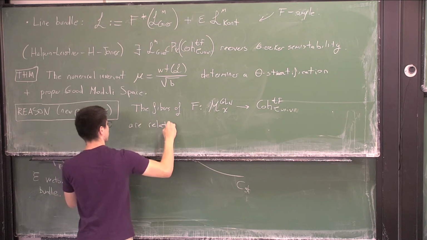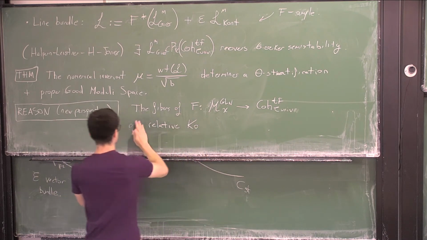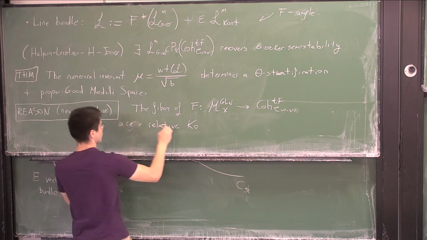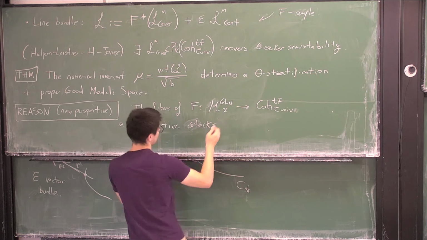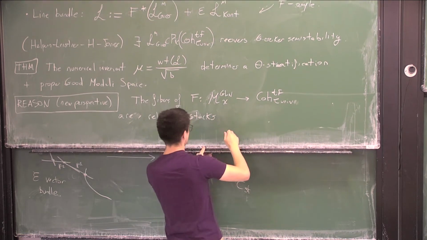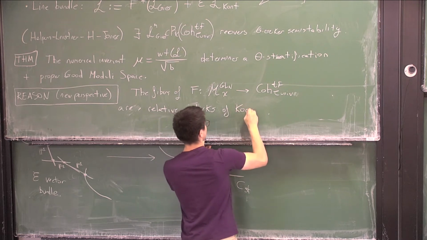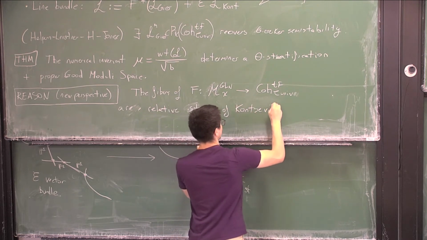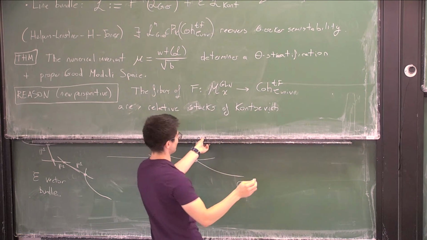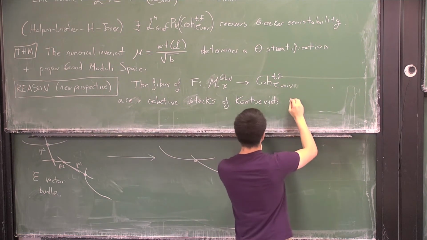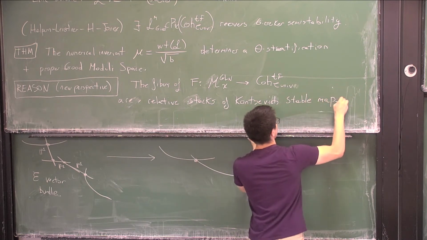relative Kontsevich stable maps. So relative stacks of Kontsevich stable maps. In this case, they're going to be schemes, but that's just a coincidence. Into what?